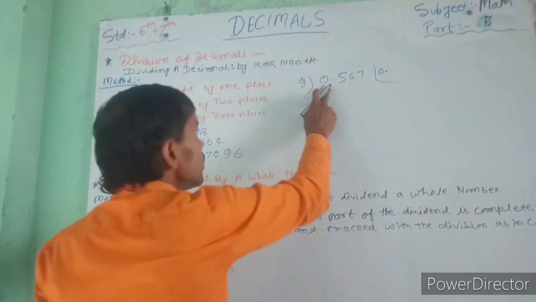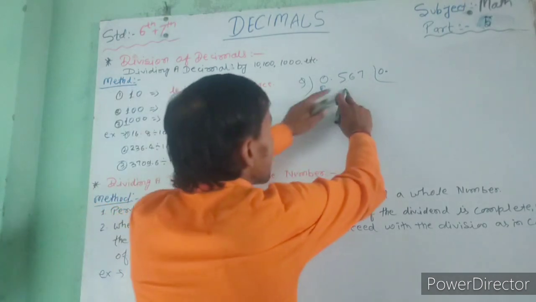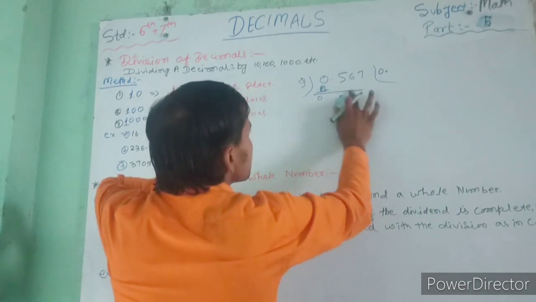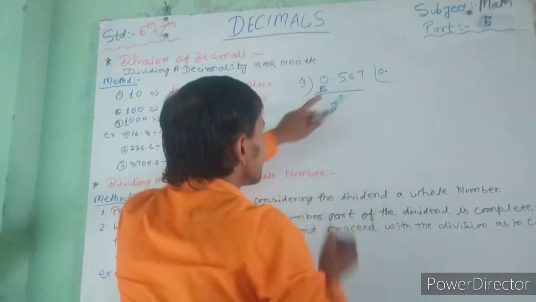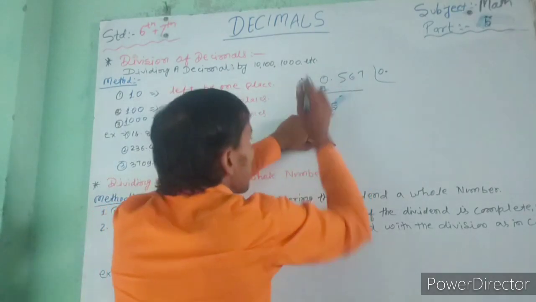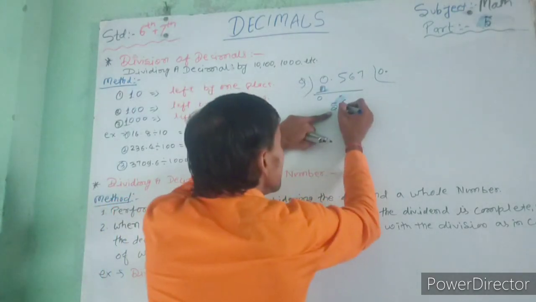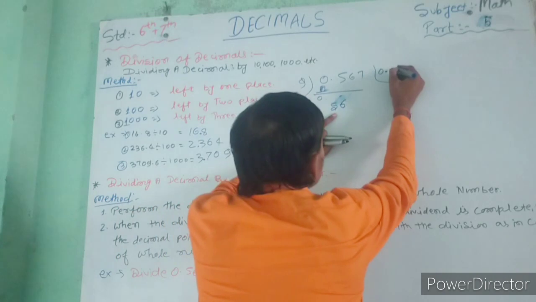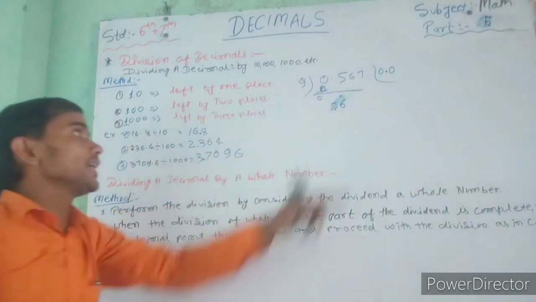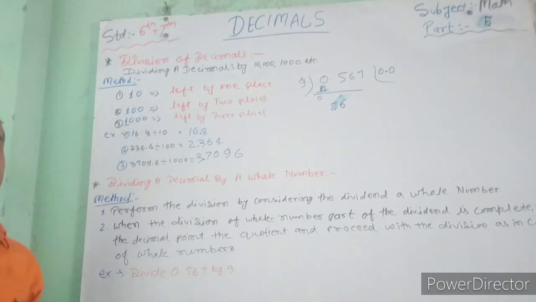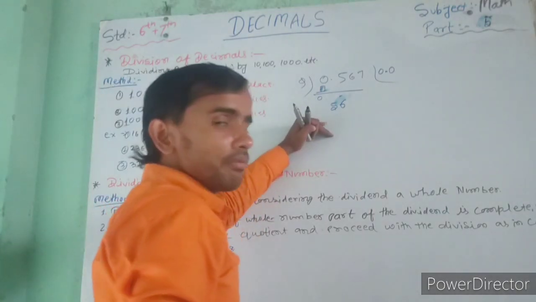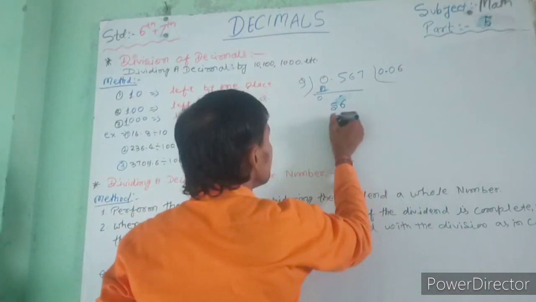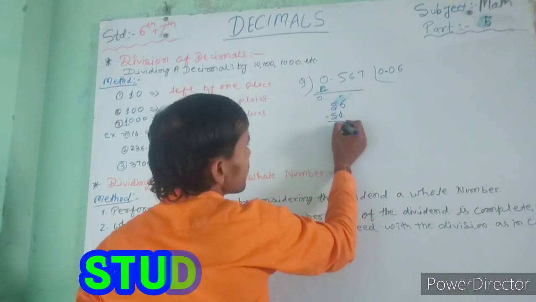You put the point in the quotient, and next you write 0 here. Next step, 5 here, and 9 into 5 does not go, so you write 0 here. Then 56: one digit comes down, two digits together, so you write 0 here. Then 9, you read the table of 9: 9 fives are 45, 9 sixes are 54. When you subtract 54 from 56, that's 2.